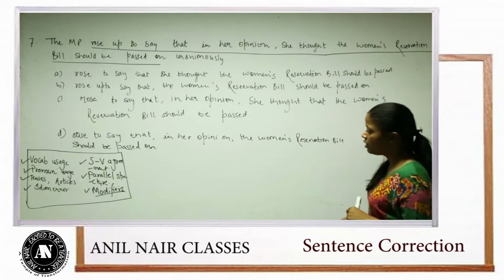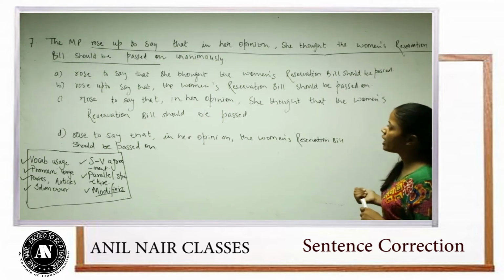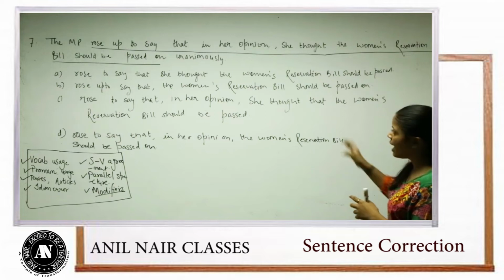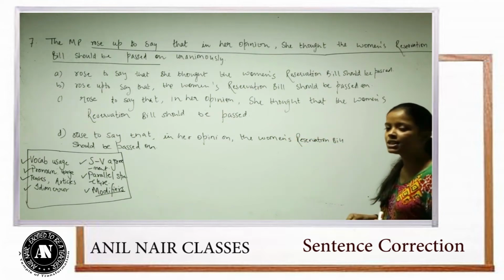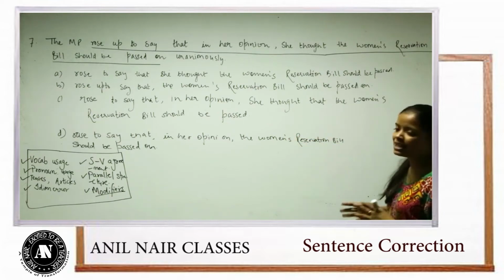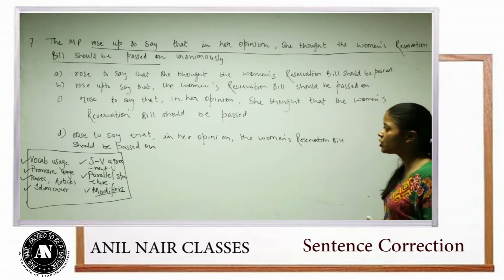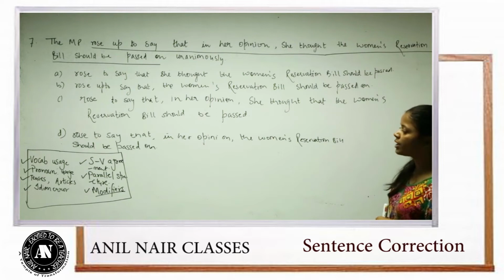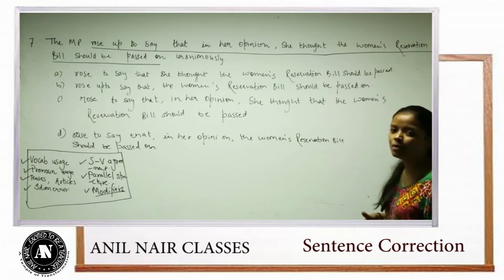Look for other errors. Parallel structure. Okay, there are only two items. She thought and the first part. So obviously it talks about independent complete sentences. That means parallel structure wise also there is no error. So we have eliminated four kinds of errors. Let us look at the vocabulary usage. Tell me if the vocabulary is used fine. You see the words rose up and passed on.